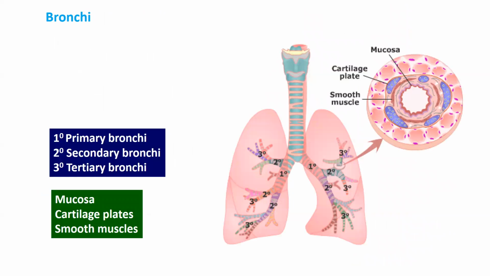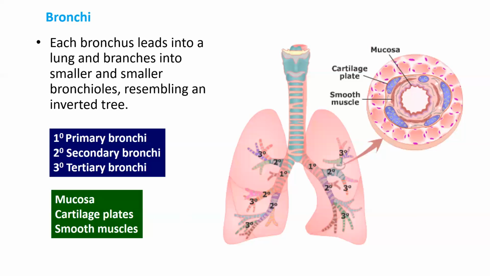Then you see, have a look at the bronchi. Once the trachea divides, the first branch is called the 1 degree primary bronchi. When it is further divided, we get 2 degree secondary bronchi, then further 3 degree tertiary bronchi. All these are supplied with mucosa, cartilage plates, and smooth muscles, right?